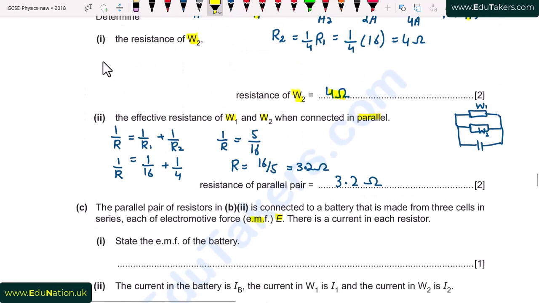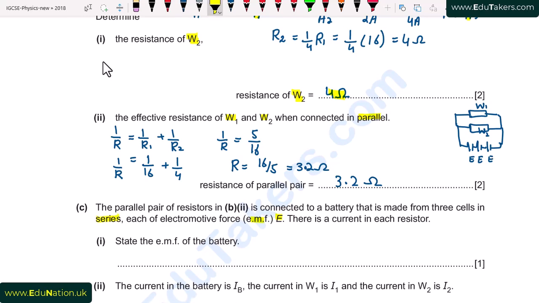So here, I just erase this. And there are 3 batteries. So I connect here 3: 1, 2 and 3. Each of them has EMF E. All of these batteries are connected in series, that is given in the question.